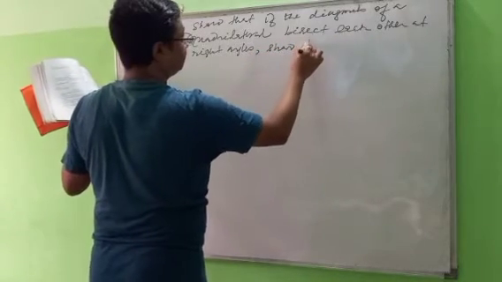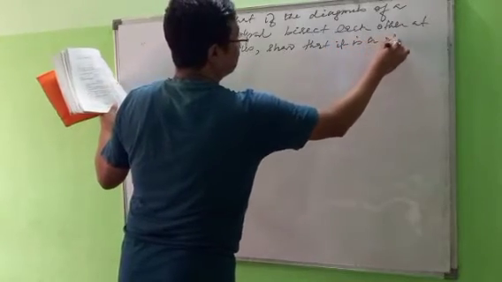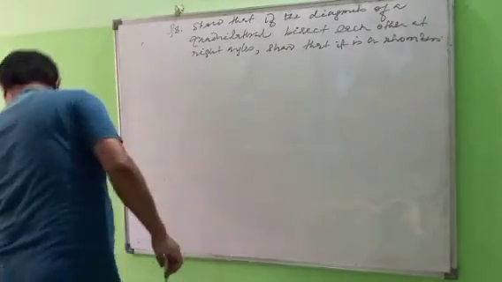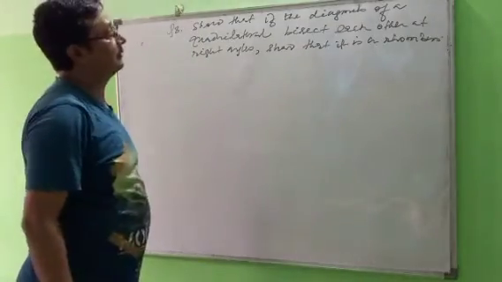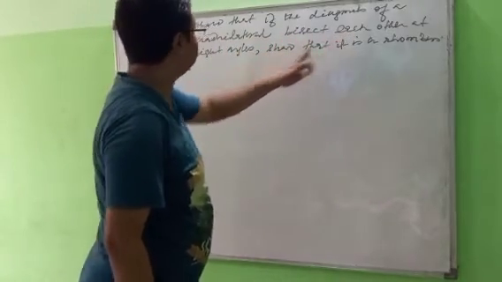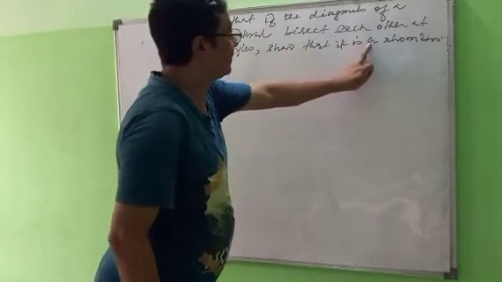So, if the diagonals of a quadrilateral bisect each other at right angles, show that it is a rhombus.